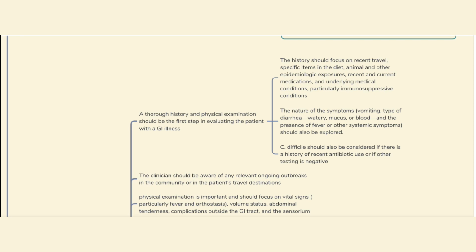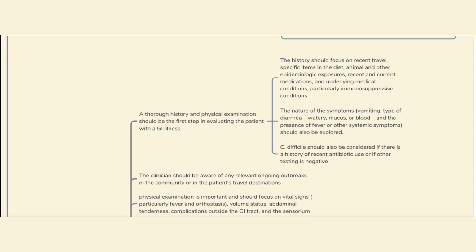And the nature of the symptoms, especially if we classify them with the classification system that we are using now, can give us vomiting, diarrhea, or enteric fever, and the type of diarrhea. This will help us get closer and closer to the group of pathogens that is causing our disease.